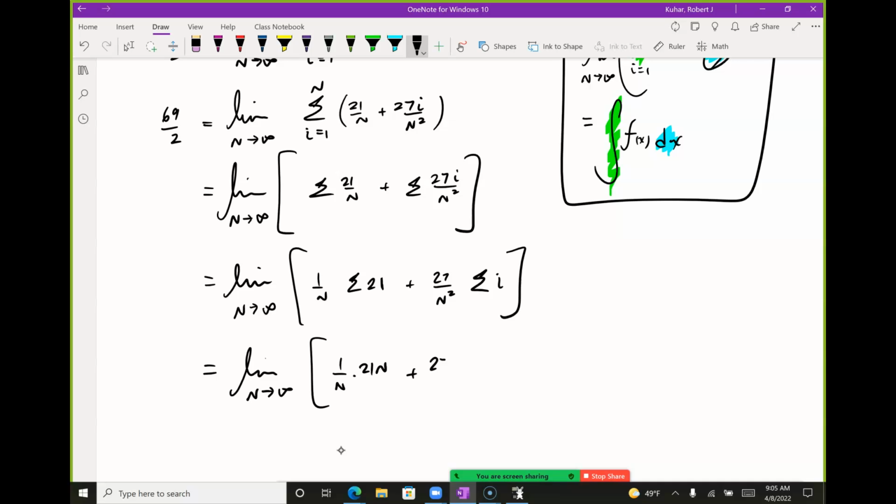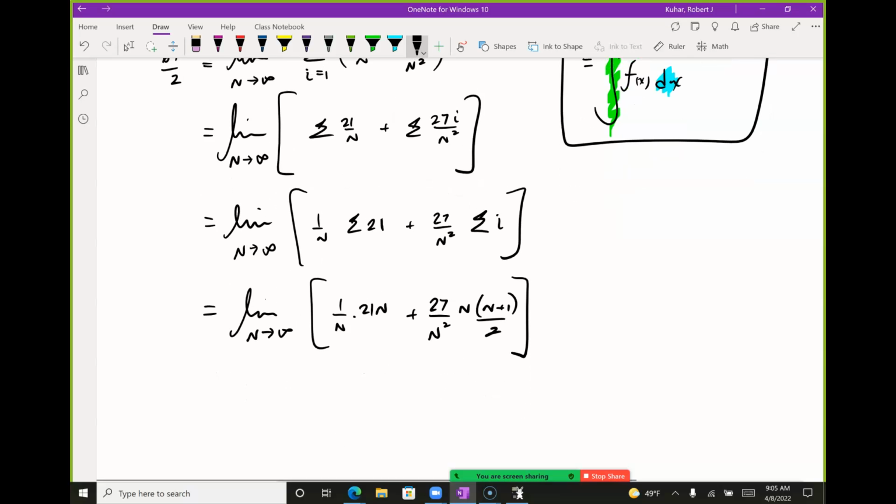And if I add up i n times, if I add up my indices n times, I get n times n plus 1 all over 2. So from my series that I have in pre-cal and memorized or written on my formula sheet, I know the sum of a constant. I know the sum of the indices.